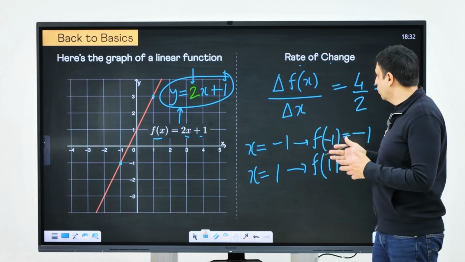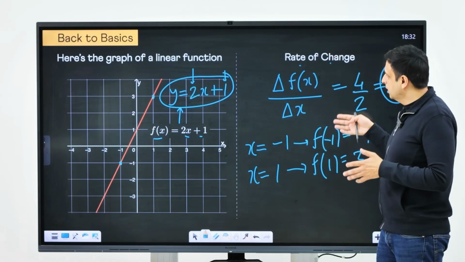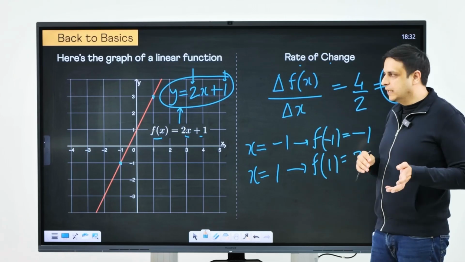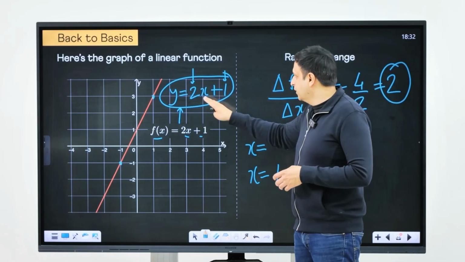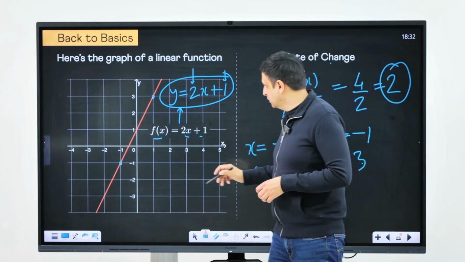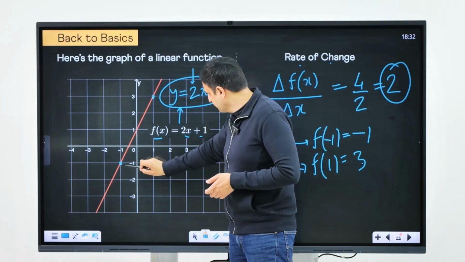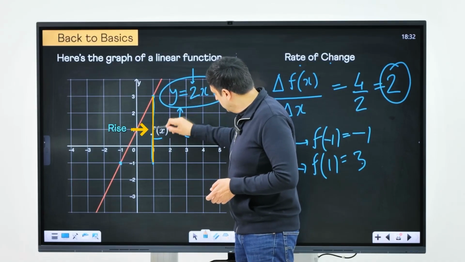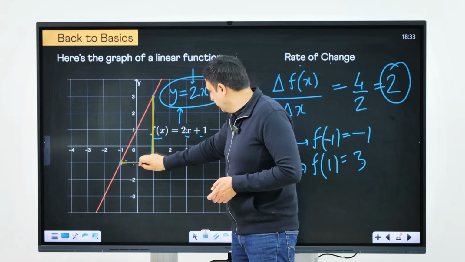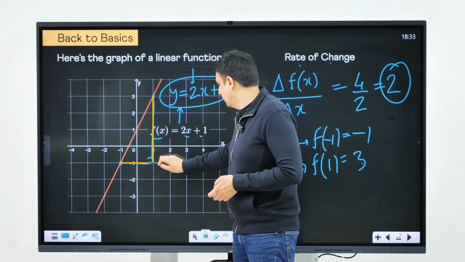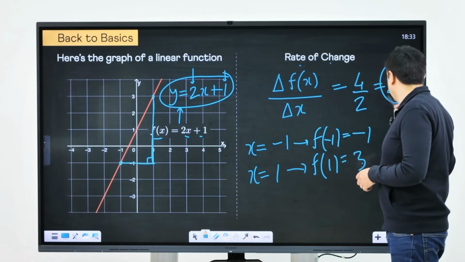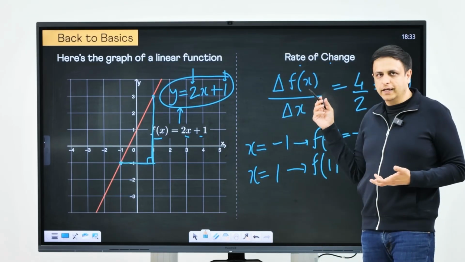And this is no coincidence really, because in this case, we are dealing with a linear function and the rate of change of that linear function is identical or equivalent to the slope of the line, because what you're really calculating here is simply the change in the function's value, which is the rise, over the change in the variable's value, which is the run.